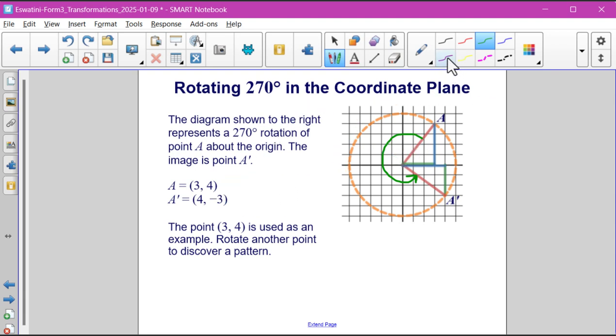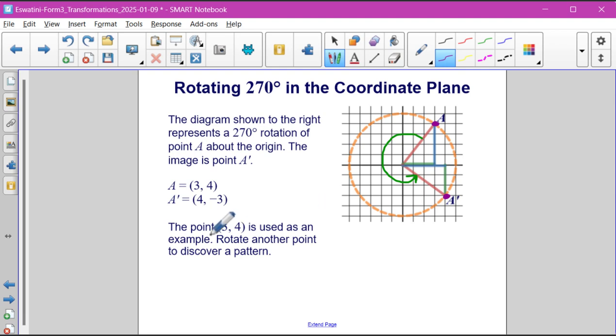So our original point right here for A is 3, 4, and then after rotating it 270 degrees anti-clockwise or counterclockwise, we end up at A prime down here, which is 4, negative 3.